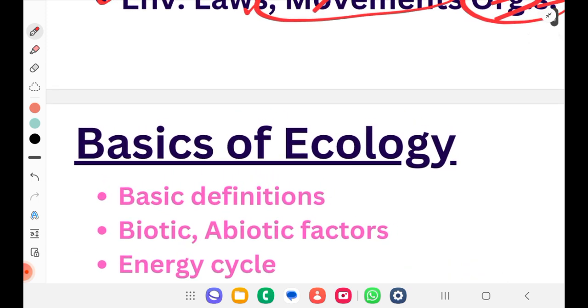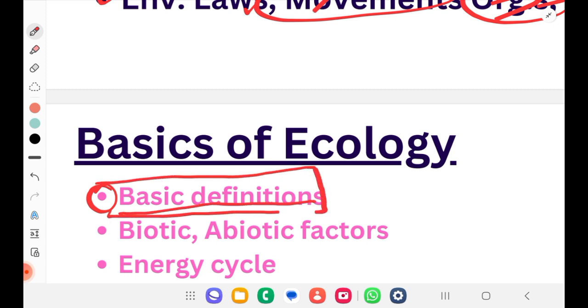In this chapter we are going to deal with 3 points. One is basic definitions. I will teach important definitions to you. You should be thorough with those definitions, even if they twist and give them, and you should be able to note that in prelims. For mains, you should be able to use those definitions when and where needed.